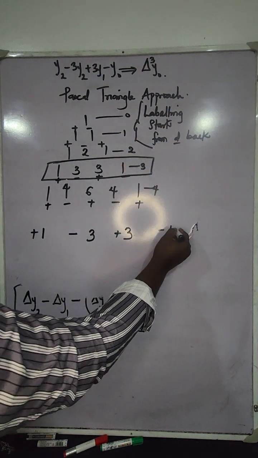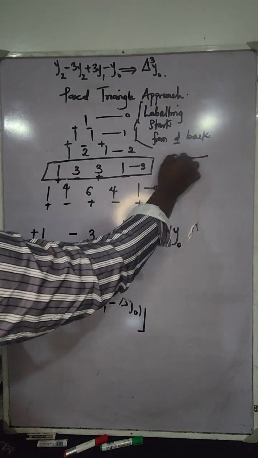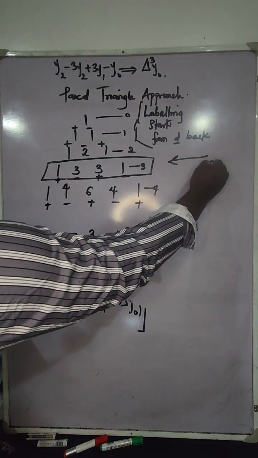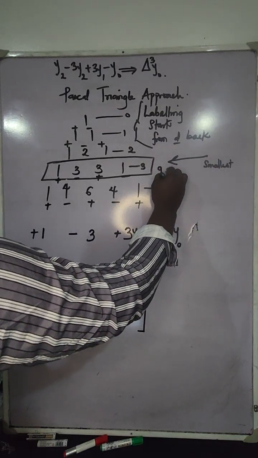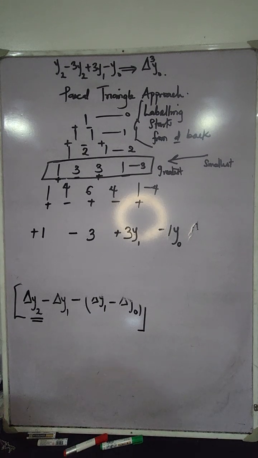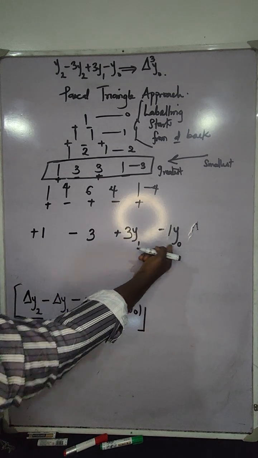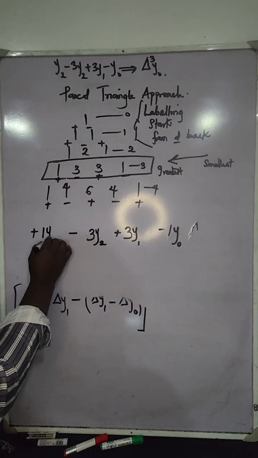So here will be our y naught, here will be our y1, in ascending order. So we are going from smallest to greatest. So we have y0, y1, y2, and y3.